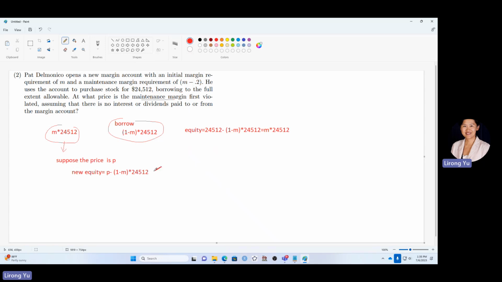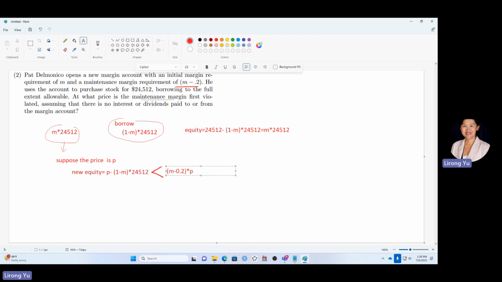So if this went below the maintenance margin requirement, M minus 0.2 times the price, so suppose M minus 0.2 is like 30%, then 30% times the market price.